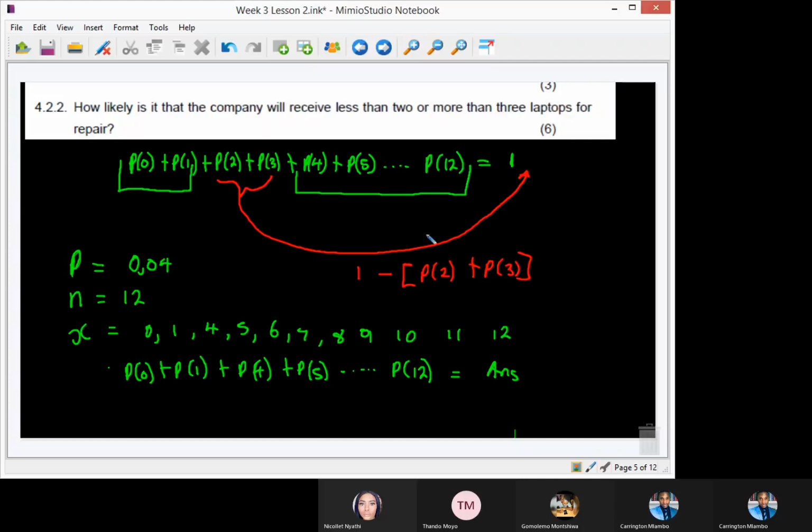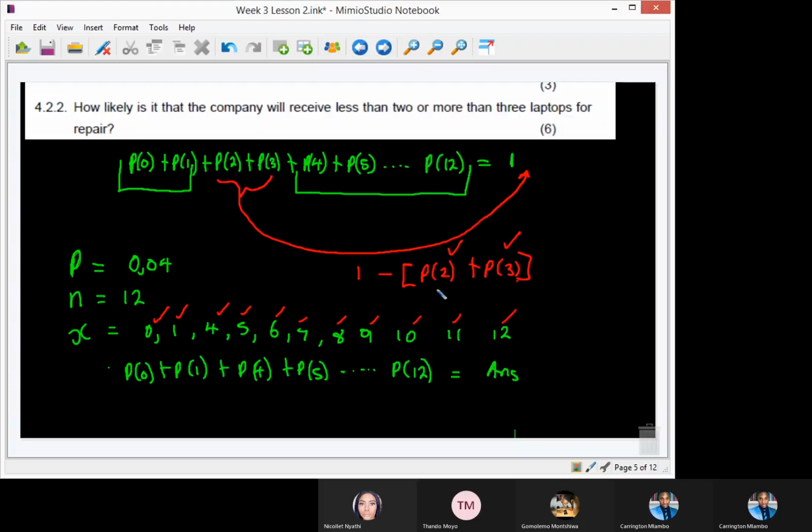If you have time, you can do all of them, but you're going to take a longer time. So you simply need to calculate probability of 2 and probability of 3. Then you subtract it from 1. Because if we subtract 2 and 3, it means we remain with 0, 1, 4, 5, 6, 7, 8, 9, 10, 11, 12. Because we have removed 2 and 3. Therefore, we remain with this.